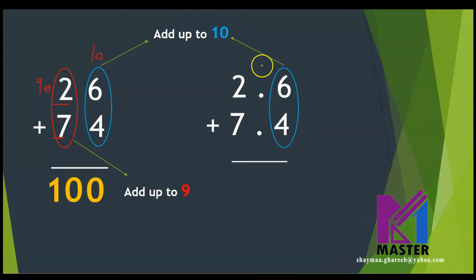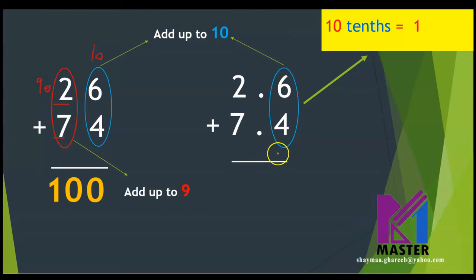They add up to 10. 6 plus 4 equals 10. But here the two digits are in the tenths place, which makes them 10 tenths. Do you remember? 10 tenths equals 1 whole. Then these two digits together form 1 whole, which is the number 1.